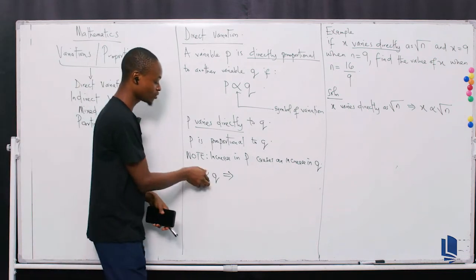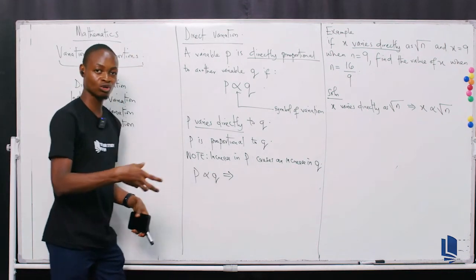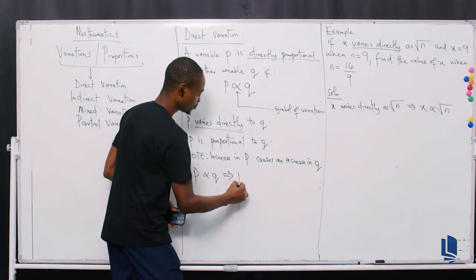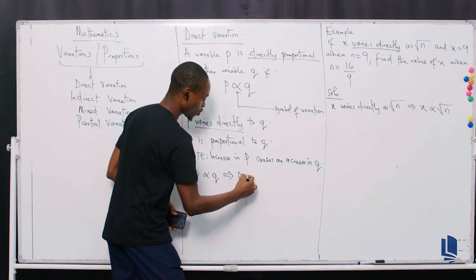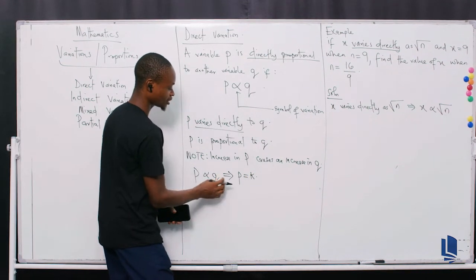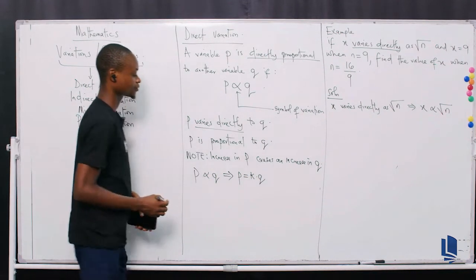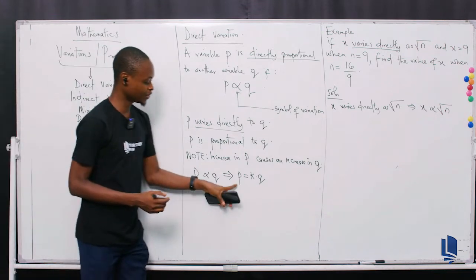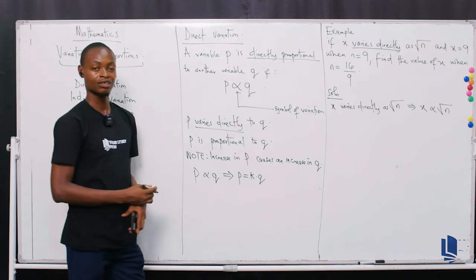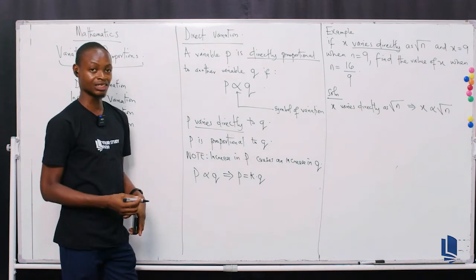P will now be equal to the constant of variation multiplied by whatever was on the right-hand side.